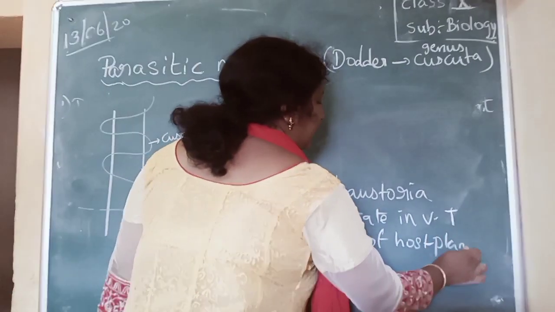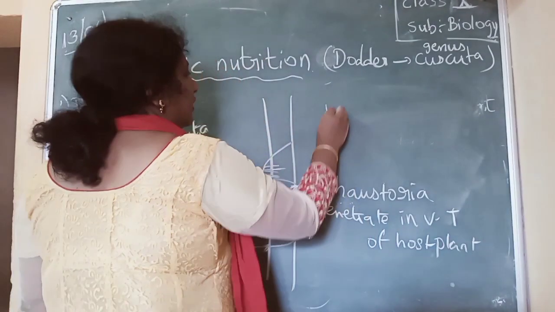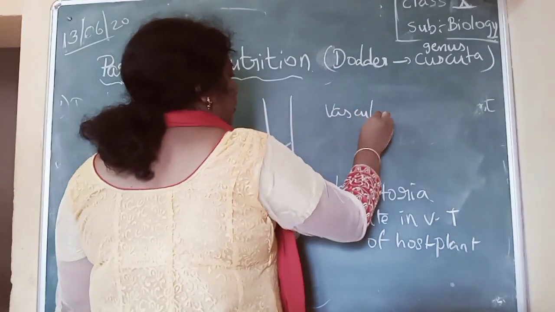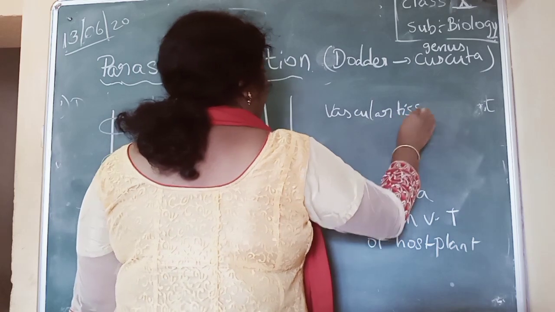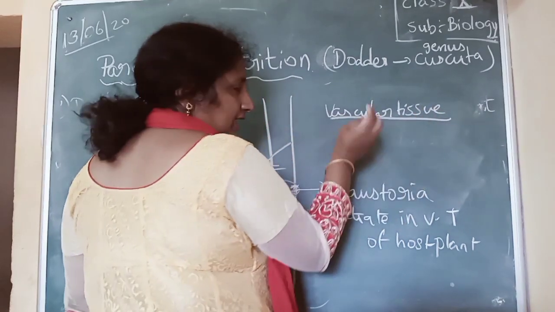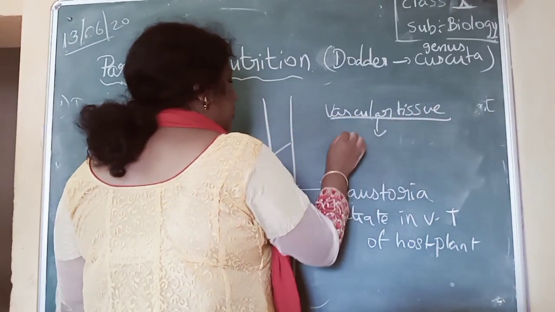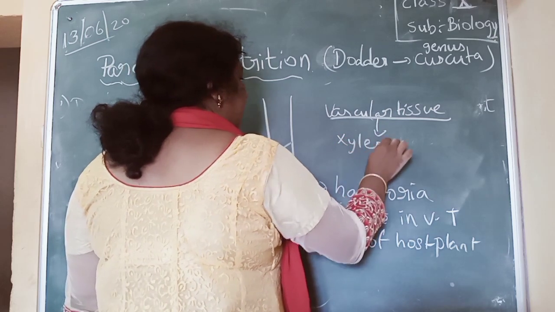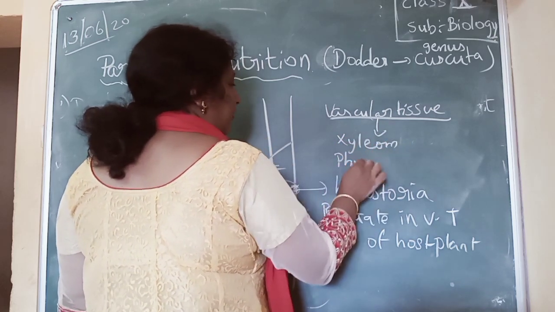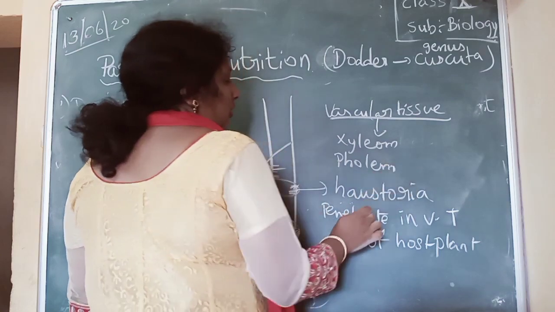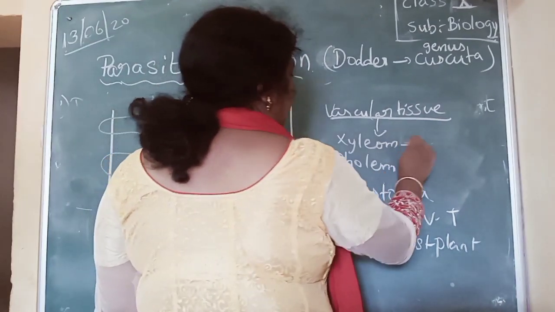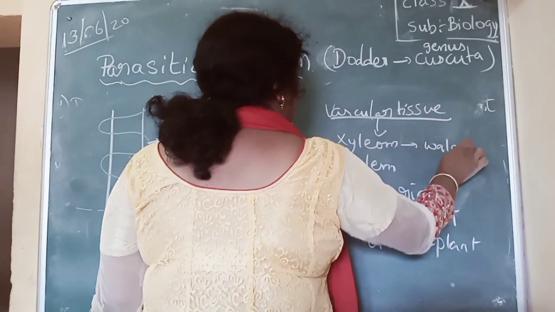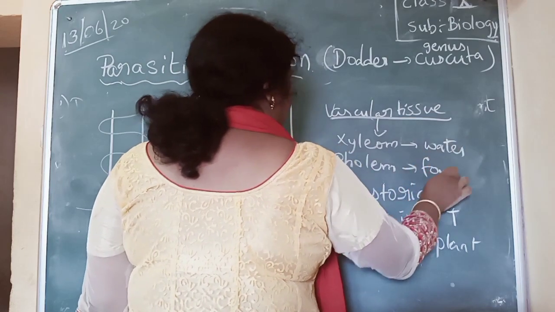In vascular tissue, what do you have? Xylem and phloem. You have already studied this in your 9th class. Xylem carries water and phloem carries food.